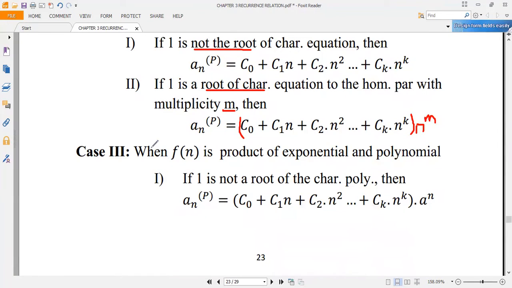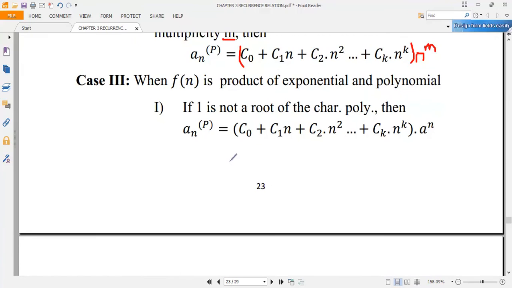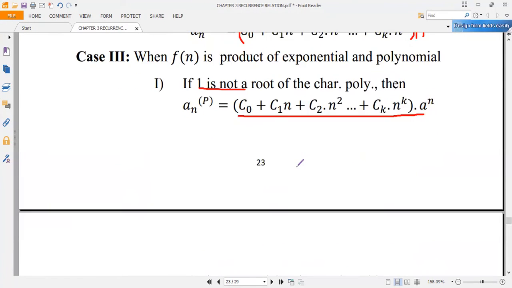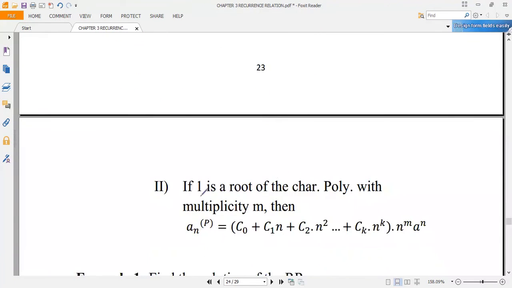m. And the third case is when Fn is a product of an exponential and a polynomial function. So we have two cases similarly. If one is not a root of the characteristic equation of the homogeneous part of the recurrence relation, then this one will be taken as the trial solution to find the particular solution of the non-homogeneous part.